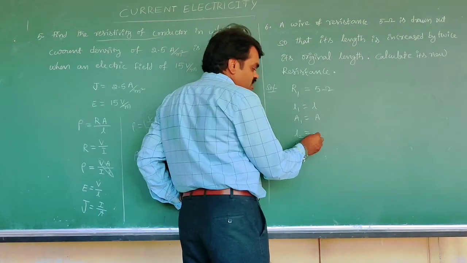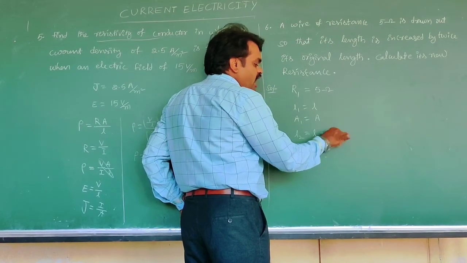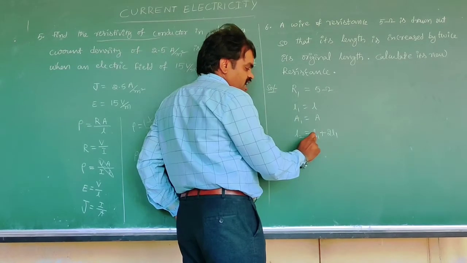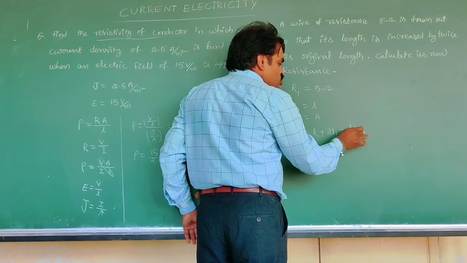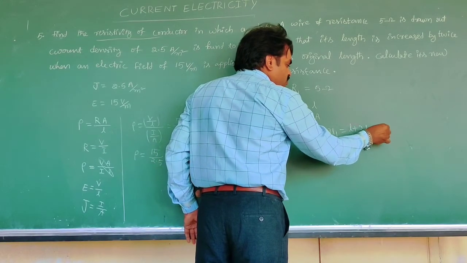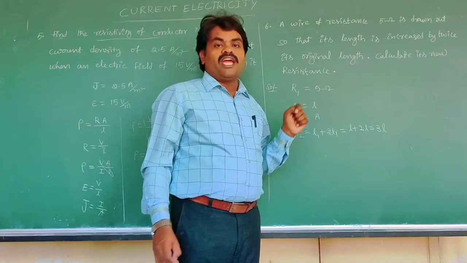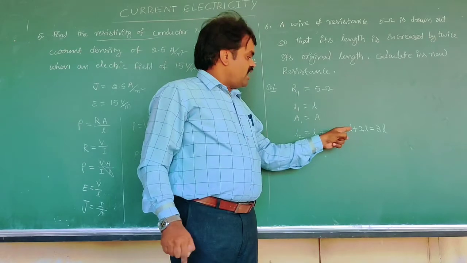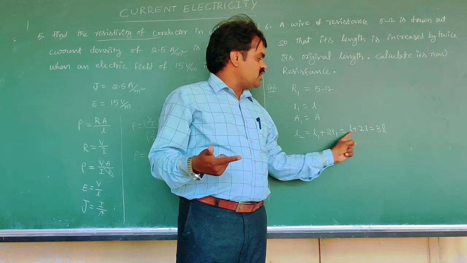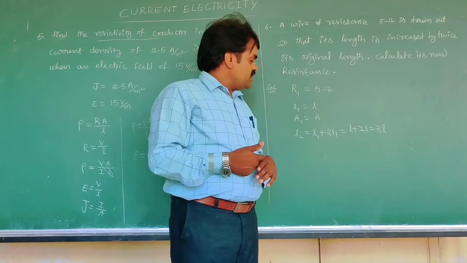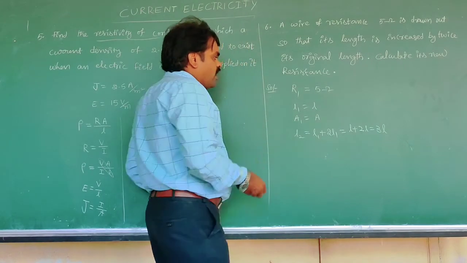The original length is L1 plus twice its L1, that is L plus 2L, we get 3L. So the total length of the drawn out wire is 3L.